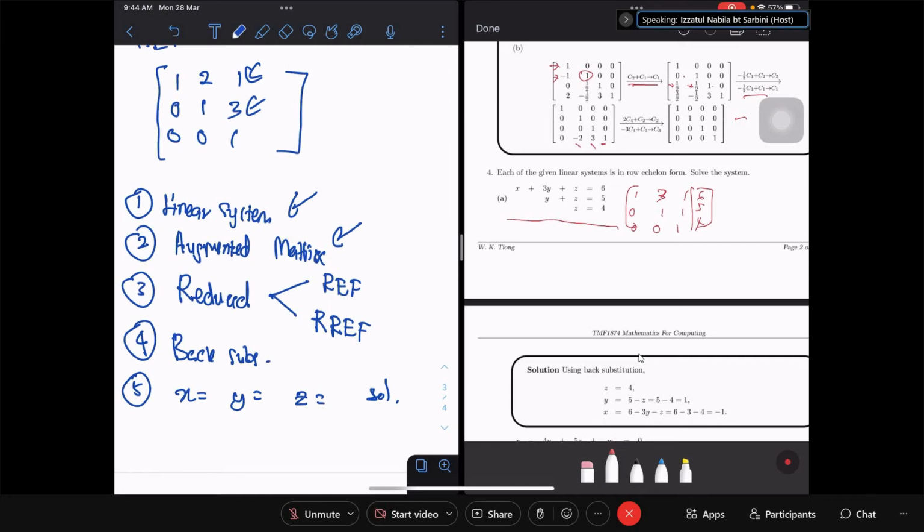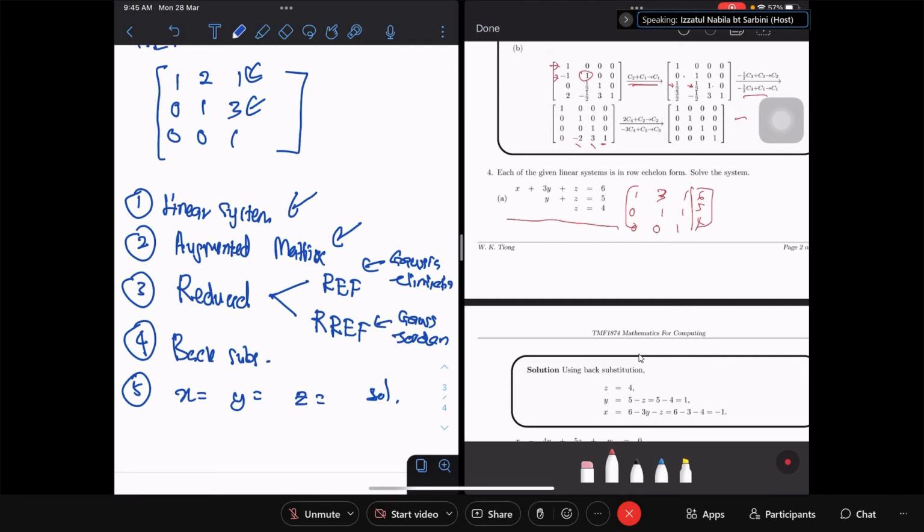Based on your lecture, you should know already that REF is what we call Gaussian elimination. This is the method where we reduce until REF. RREF is where we use Gauss-Jordan reduction. So if the question says use the method of Gauss-Jordan reduction, then you need to reduce the augmented matrix until RREF.